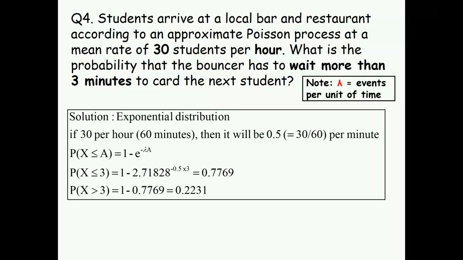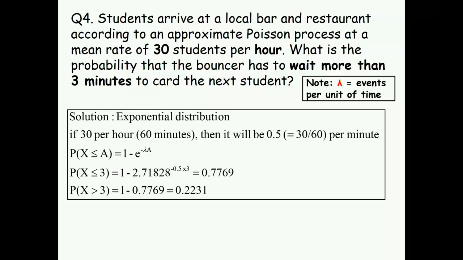When I give you information in hours but my question is in minutes, you have to convert, because your lambda would be different. The question is more than, so you have to apply 1 minus this value, minus lambda, 0.5. This is the answer to question 3.